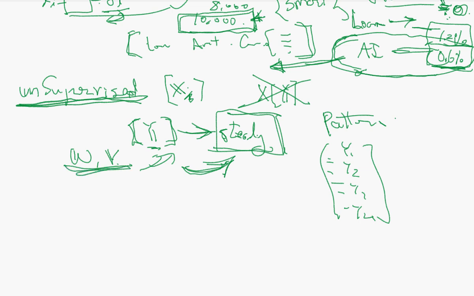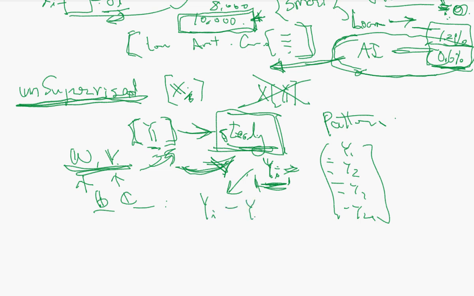What you do is this: if Y suddenly changes, then modify the weights and bias vectors and try to make this stable. So you need some kind of criteria. The criteria is yi minus yi plus 1 will be below a certain rate.